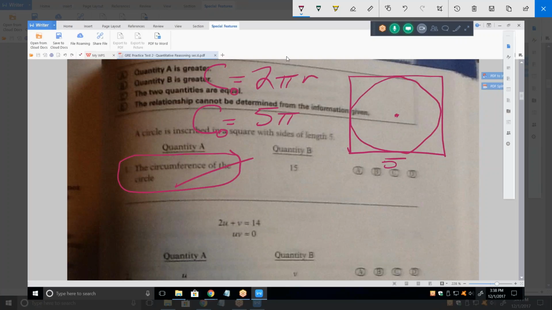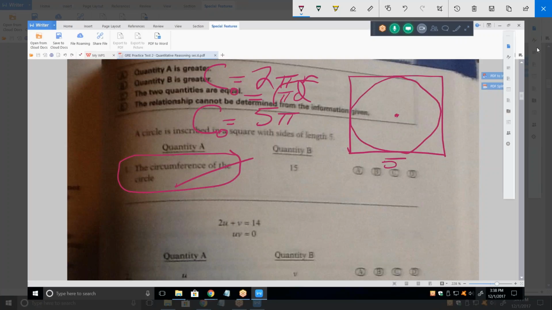Okay. Understood. And it would have worked just as easily if I would have used a formula that said pi d. You'd have substituted 5 for d. You'd have still gotten 5 pi. Actually looks like it would have been a step easier. I still don't like using it.